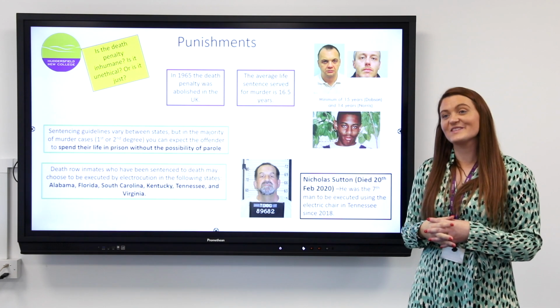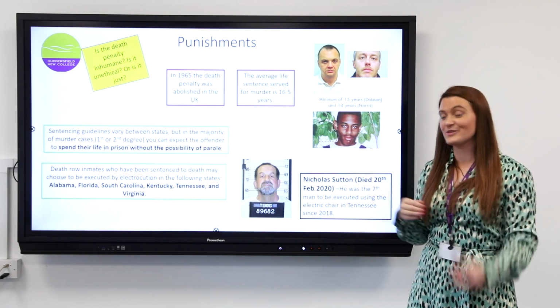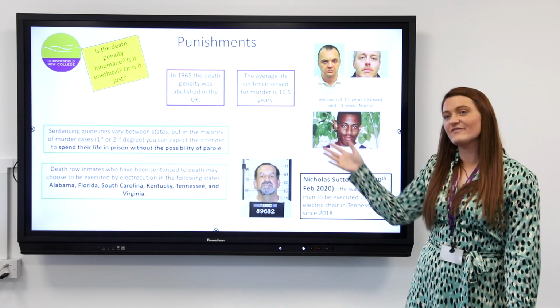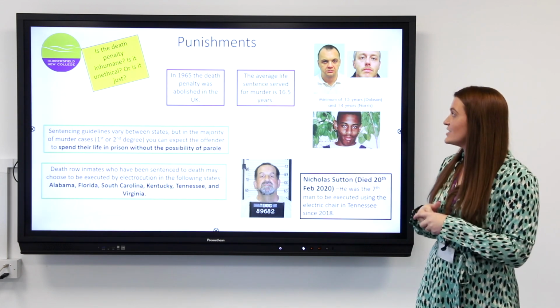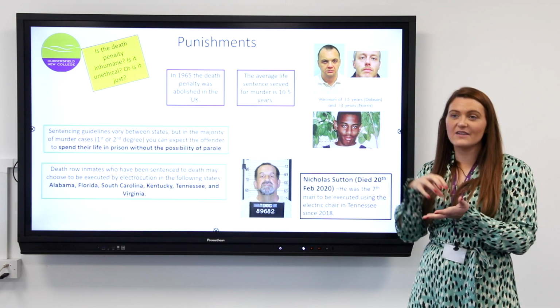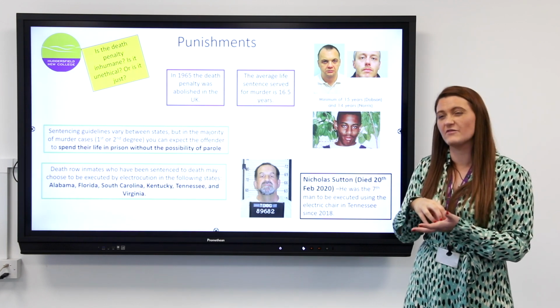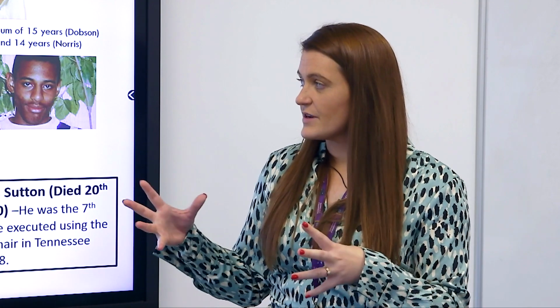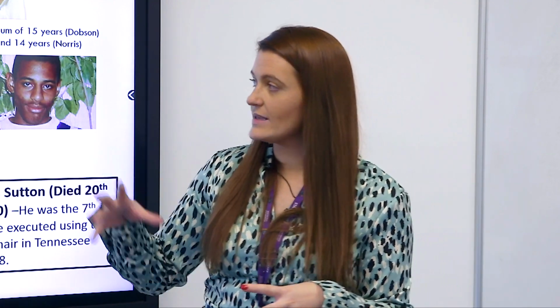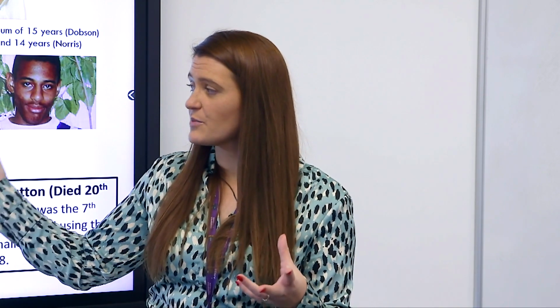On this slide I'm going to look at how punishments can change between countries. In 1965 the death penalty was abolished in the UK. You also might find it interesting to know that the average life sentence actually served in prison for murder is an average 16.5 years. That's really different if we go over to another Western society such as the United States of America, where I'm sure you're not surprised to know that some states still practice the death penalty.